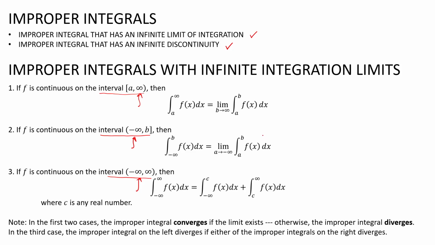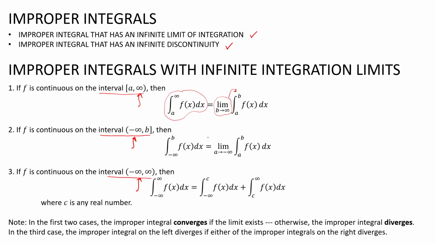So if you have infinite limits, from this format we're going to remove the infinite limit by applying your knowledge of differential calculus. That will be the limit as b approaches infinity, and you replace the infinite value with a b parameter. I think that's how you deal with the improper integrals.